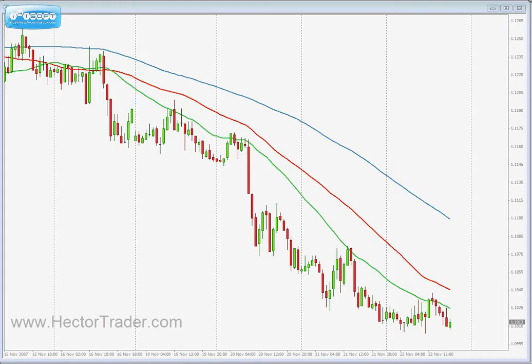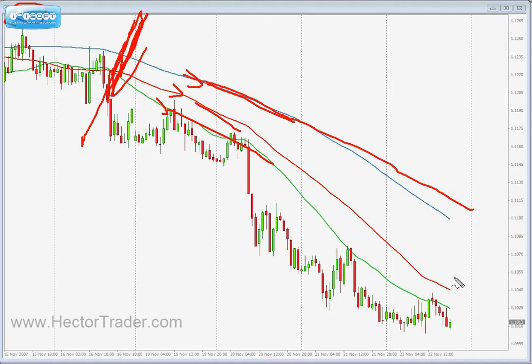First of all, the chart you've been seeing all throughout this video is the USD against the CHF in the 1 hour time frame. At this moment of the chart, the moving averages fall in place. As you can see, the 30 is below the 50 and the 50 is below the 100. Moreover, price is nowhere near the 100.